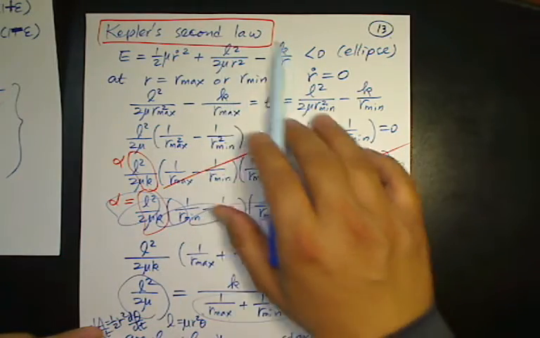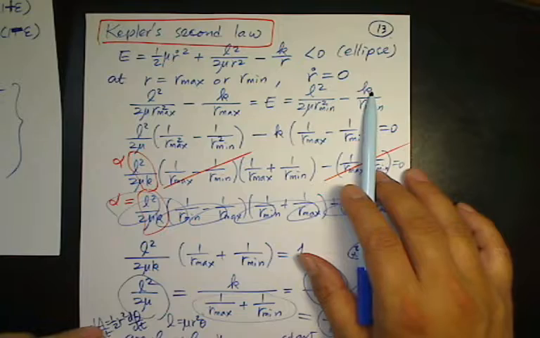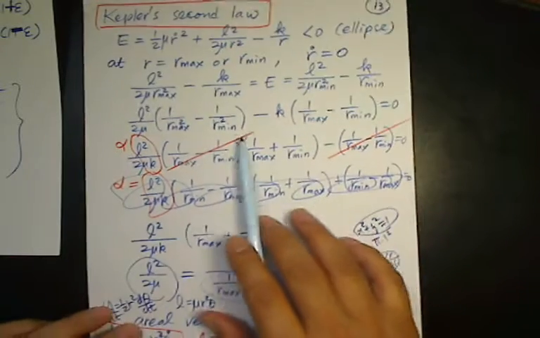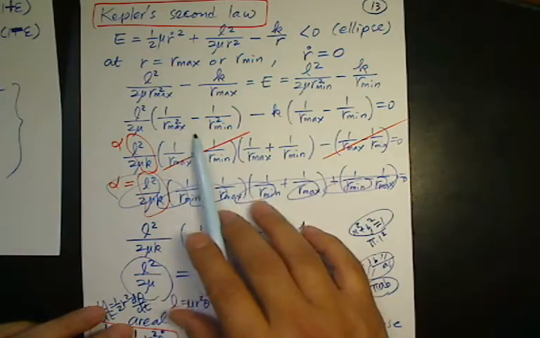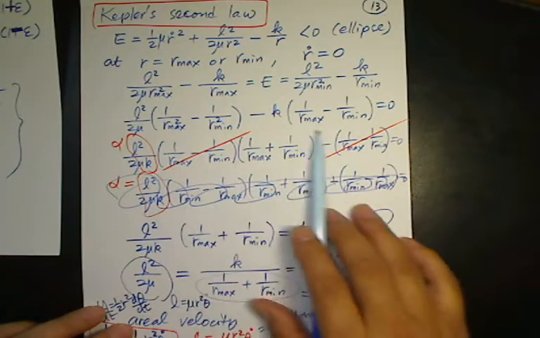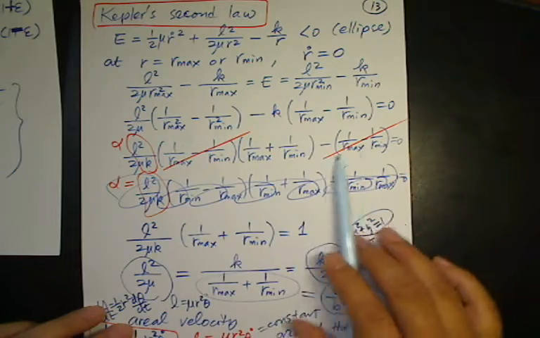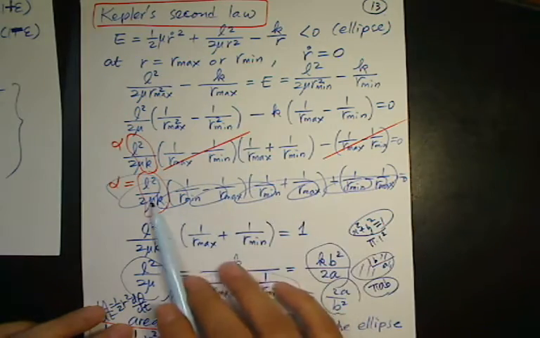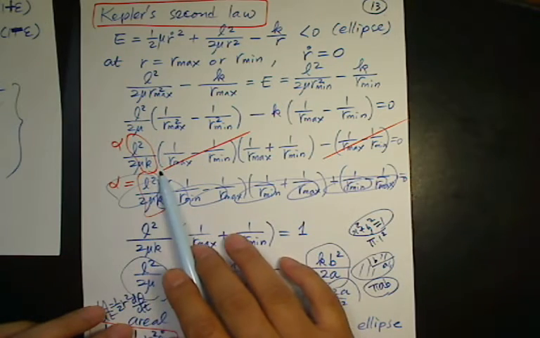This value is the same for r max and r min. This gives an equation that can be factorized. We have these two factors, so remove this, and we find the factor L squared over 2 mu k.